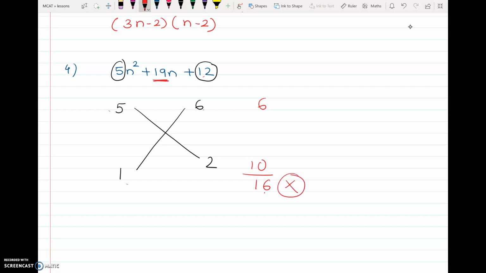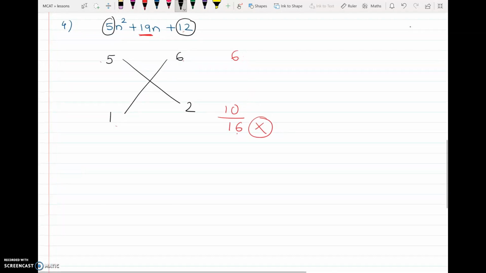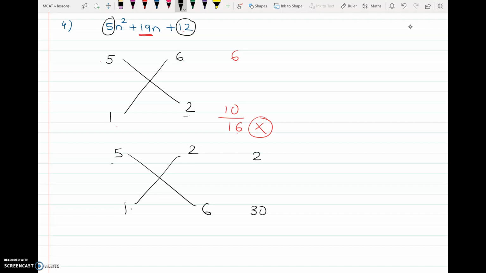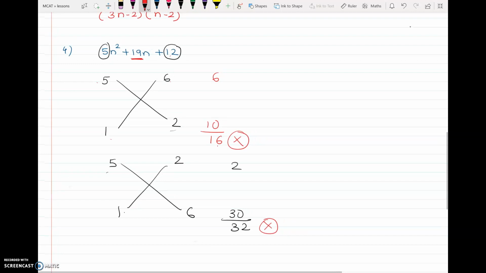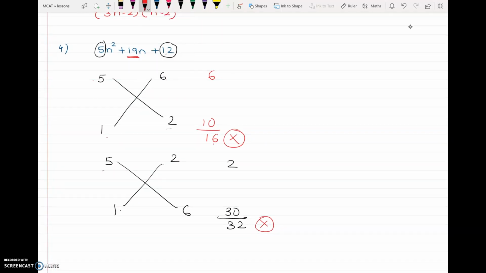So we'll cross it. This method doesn't work, so we can draw a cross again, and this time I'll keep 5 and 1 as it is, and I'm going to flip these numbers. So let's write 2 on the top, 6 here. So 5 times 6 is 30, 1 times 2 is 2, and it is giving me 32. Definitely not working. So I have to look for some other factors here.